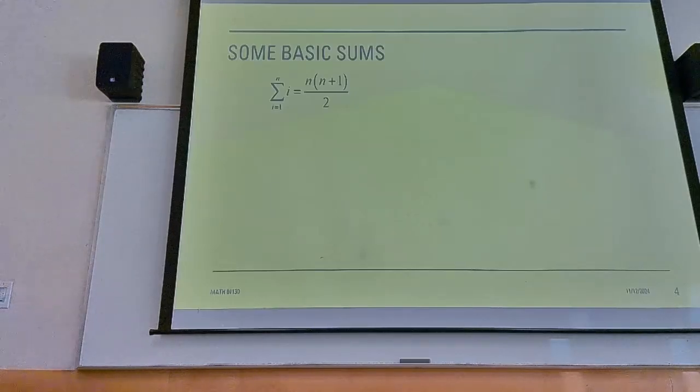The sum from i equals 1 to n of i. So you're summing up the first n natural numbers. That's n times n plus 1 over 2.